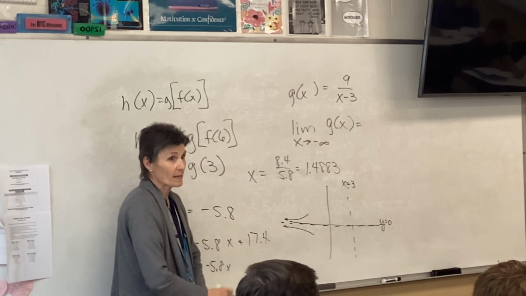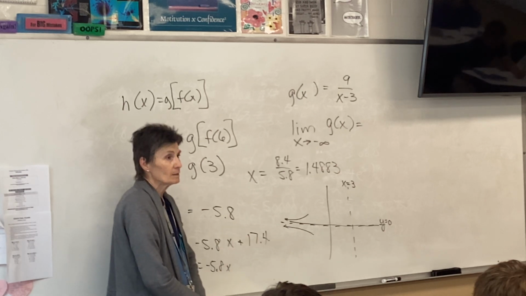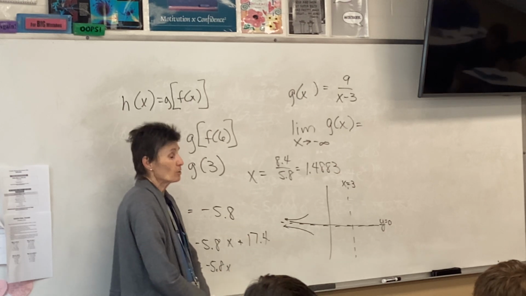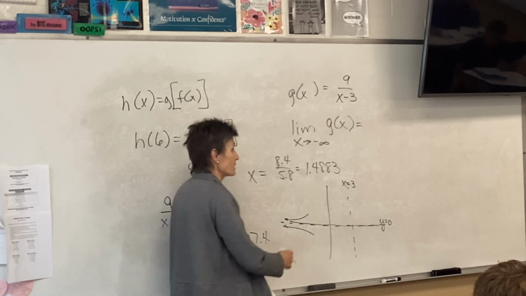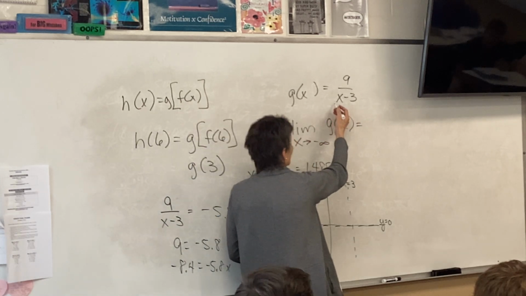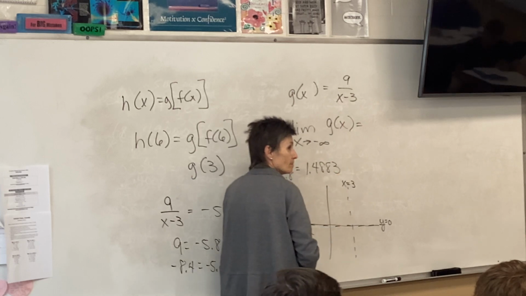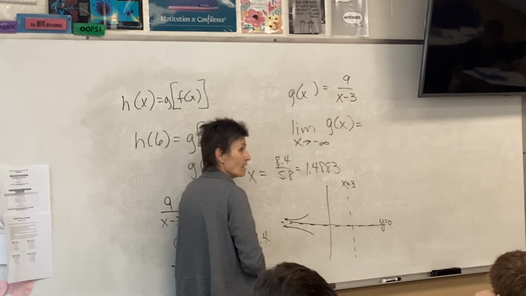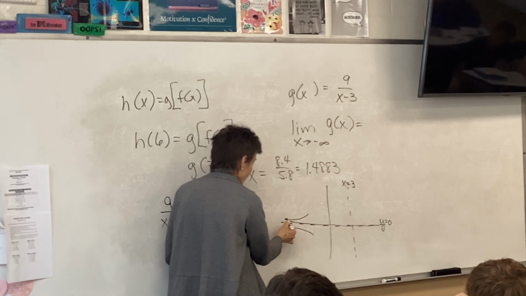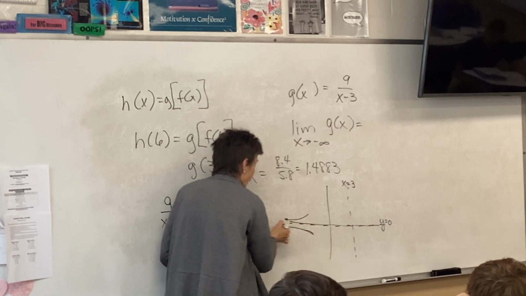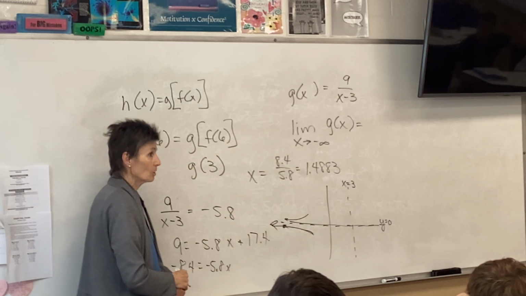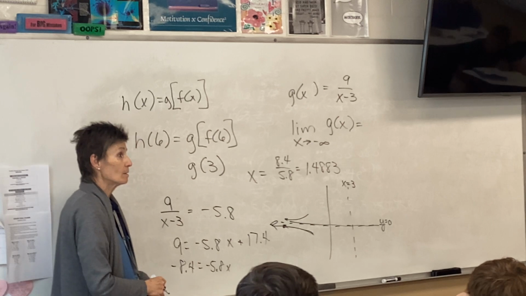I'm sitting here with a calculator. Could I graph it and look at it? Absolutely. Could I also plug in some points? Like, what happens if you put in negative 100? Won't that be a negative number? So at negative 100, it's a negative number. What's happening here? It's getting closer to 0 from the bottom.